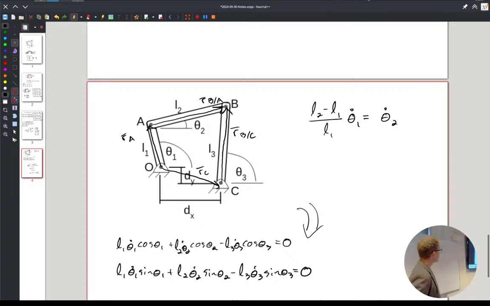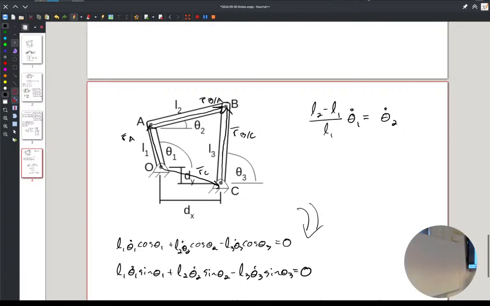If we compare this equation to this one, if let's say cosine theta 1 was 1 and cosine theta 2 was 1, then we would have this case of an L2 and L1 here.